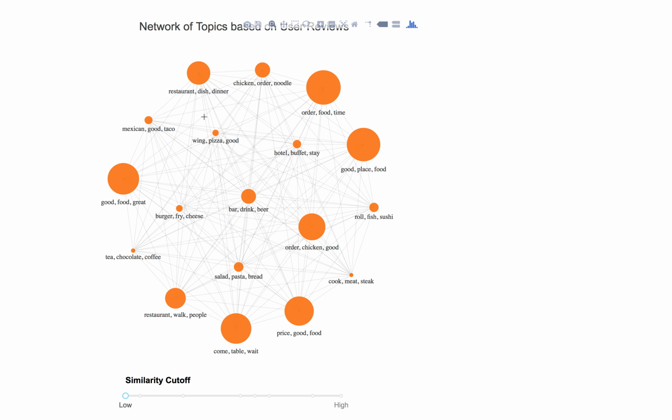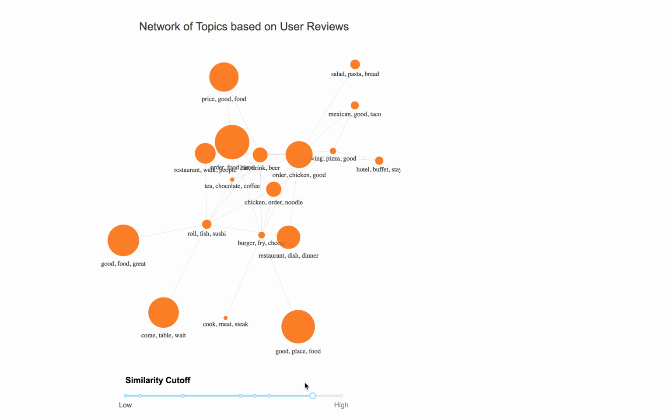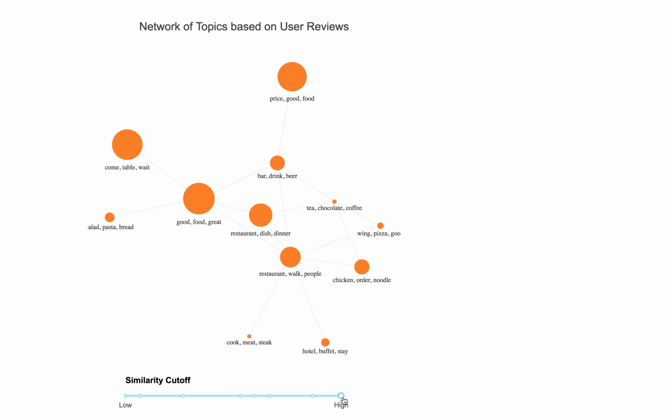So this is a dense network, and here we have the slider and interactivity. What you can do with the slider is adjust the similarity with which you define each edge between the nodes. If you keep it at a very high similarity, the number of connections is reduced, because now that the similarity cutoff is higher, only those topics that are very similar are connected.